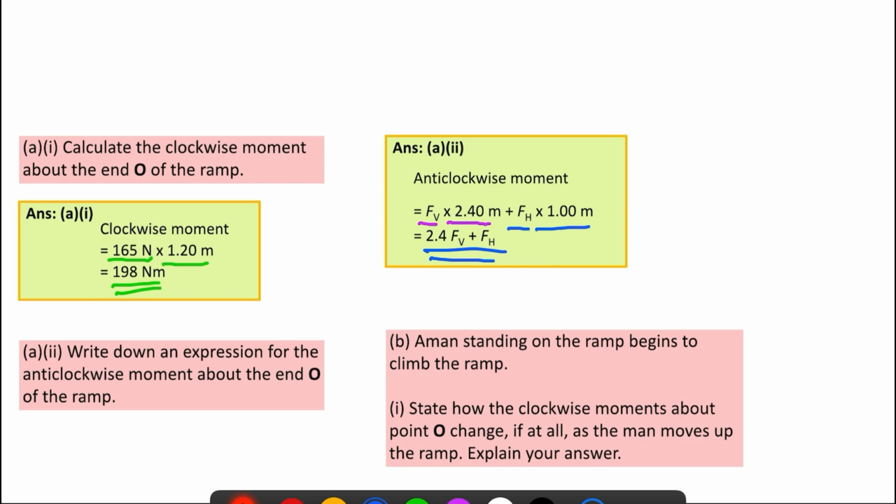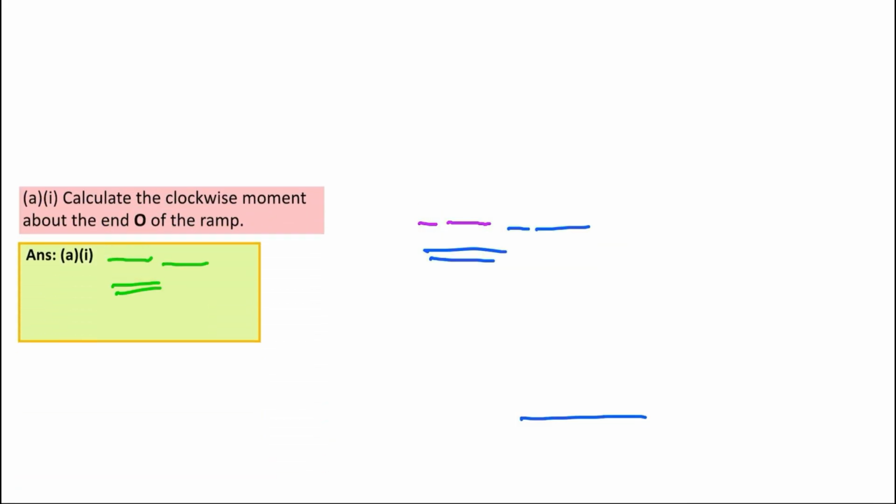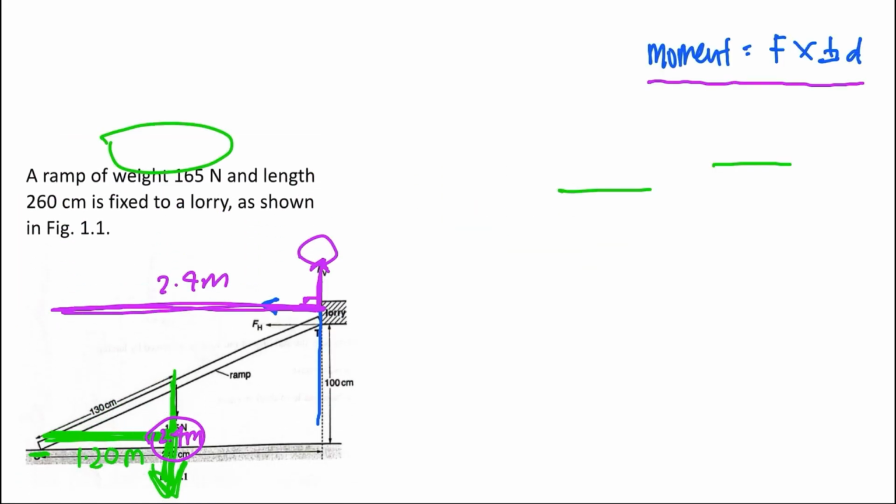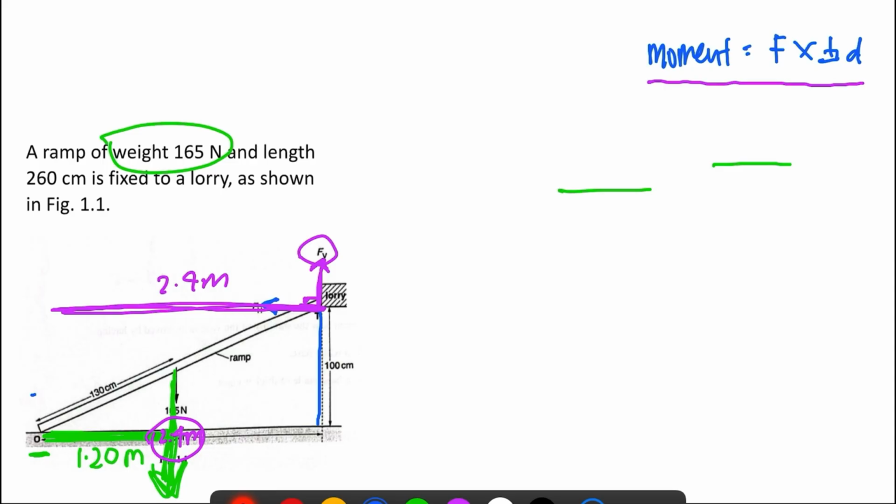A man standing on the ram begins to climb up the ram. State how the clockwise moment about point O changes, if at all, as the man moves up the ramp. Okay, so there's a man walking upward.